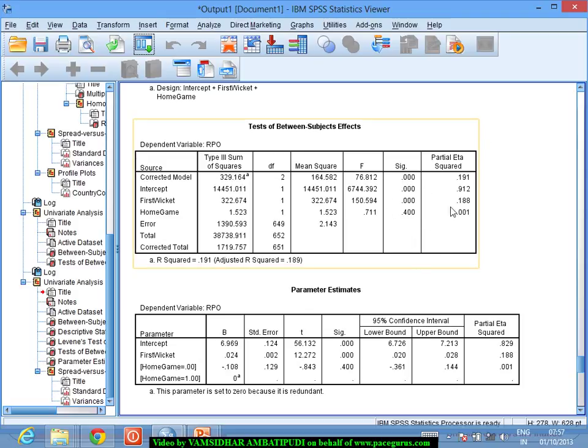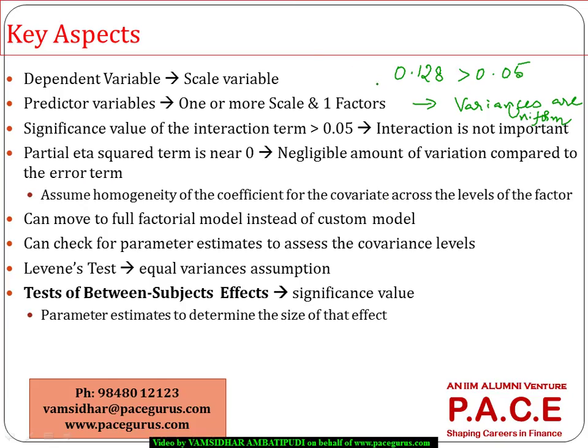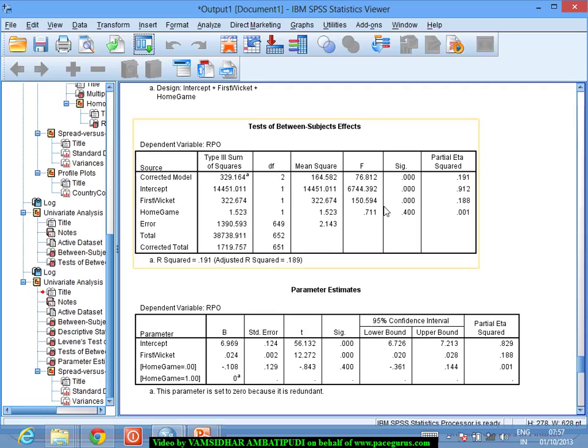The home game, home versus away, has a significance level greater than 0.05, almost 0.4, which means home versus away in isolation does not have any significant influence on the runs per over, whereas the first wicket partnership does have a significant influence on the runs per over.